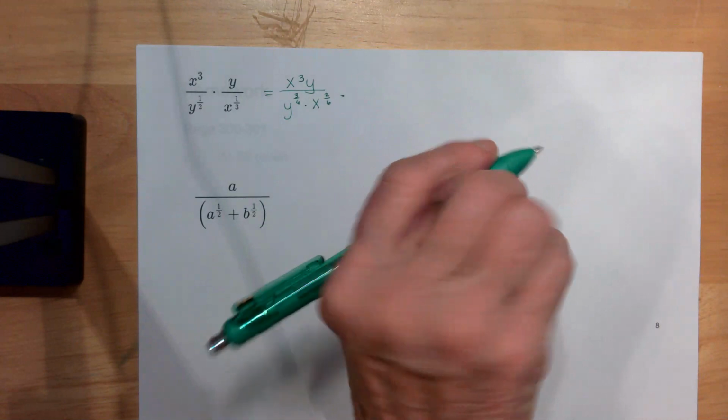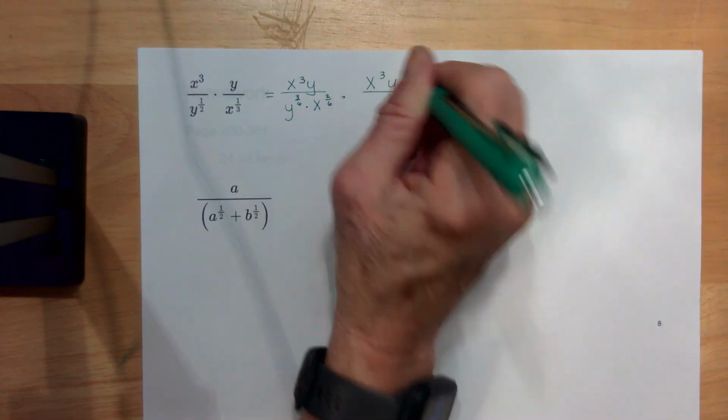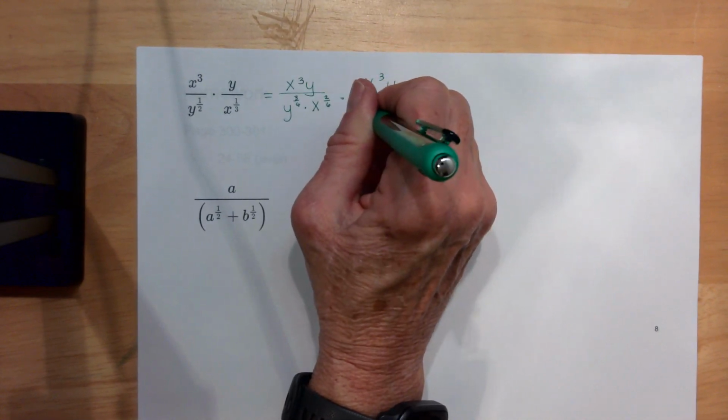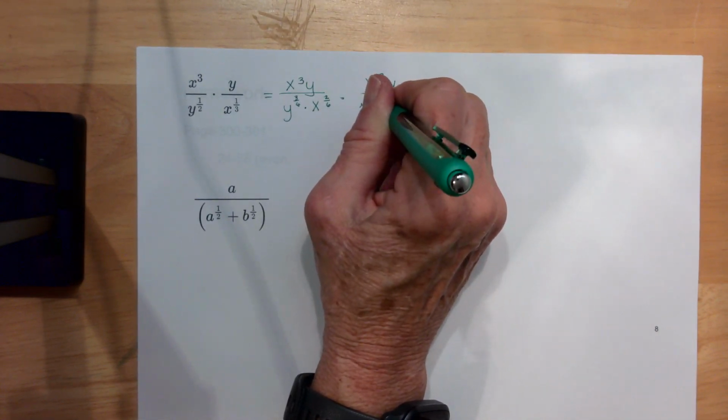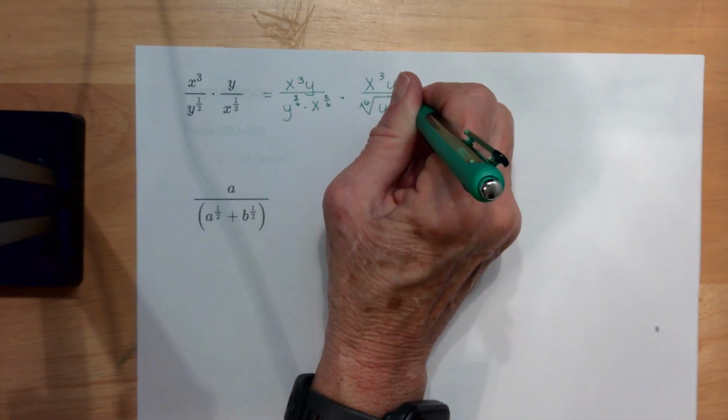So I can look at this as x cubed y over the 6th root of y cubed x squared.